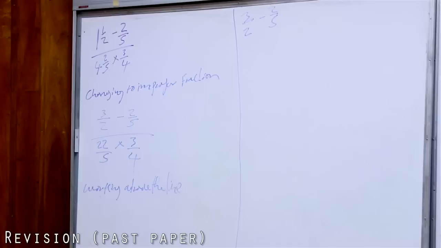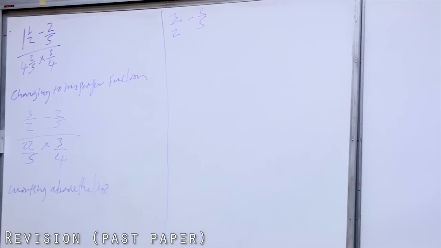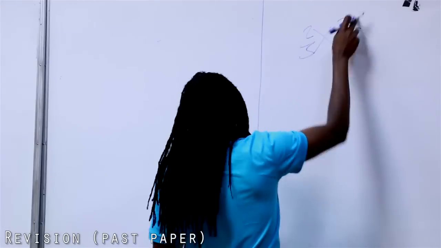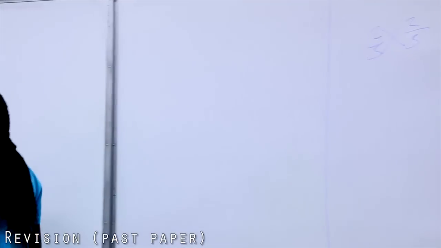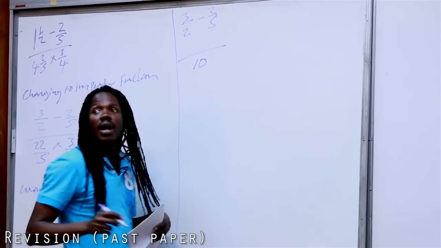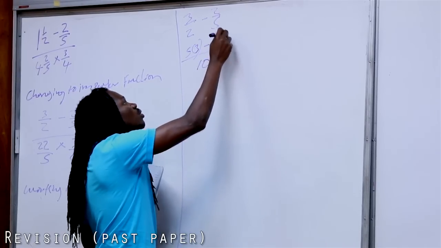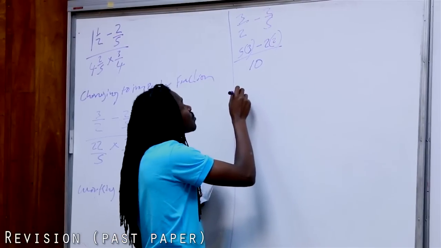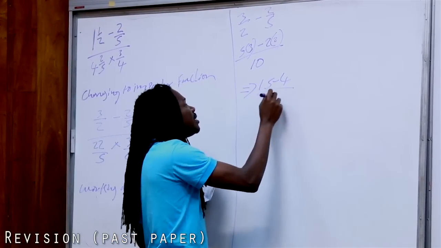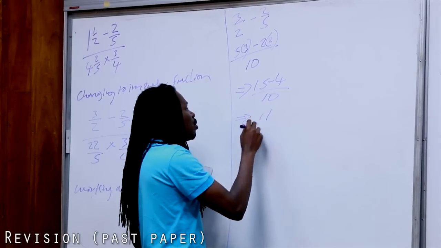Find the LCM of 2 and 5. 2 over 5, crisscross, can't go no smaller. 5 times 2 is 10. Bracket 2 implies 15 minus 4 over 10, which implies 11 over 10.